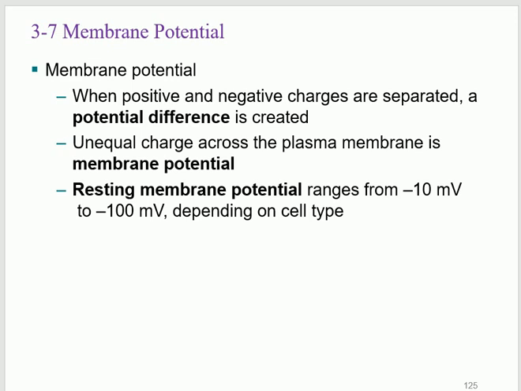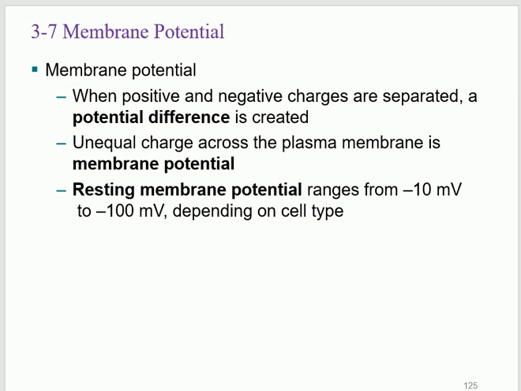Clear? Does it mean that I only have negative inside? I didn't say that. Okay? There are positives and negatives inside. There are positives and negatives outside, but it is not equal. More inside is negative as compared to the outside, and we call that membrane potential, and that's why you always see it negative like this.